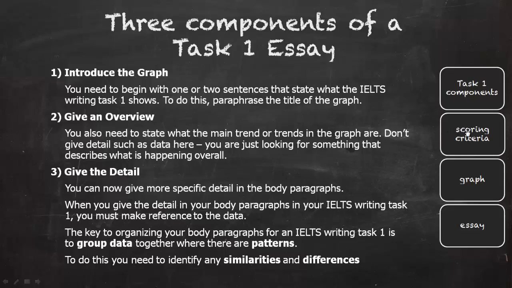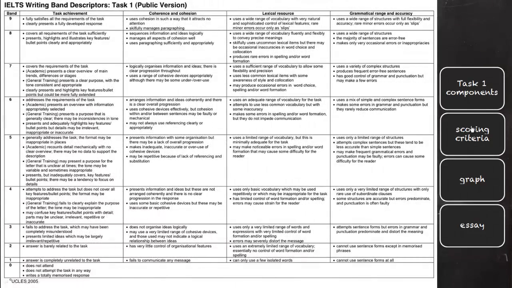If we look at the scoring criteria, this is a very big table, and I'm not going to go over each and every box here, but this is called the IELTS Writing Band Descriptors. Now, when the IELTS examiner is reading your essay, he will look at four different criteria.